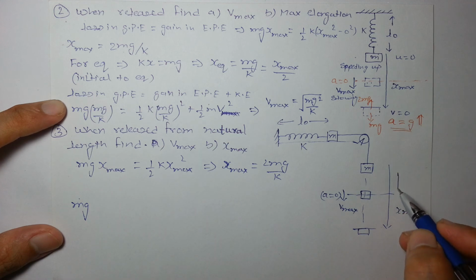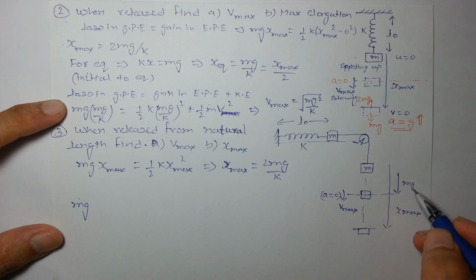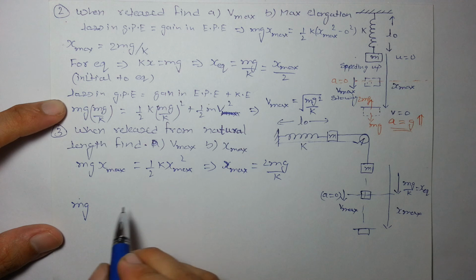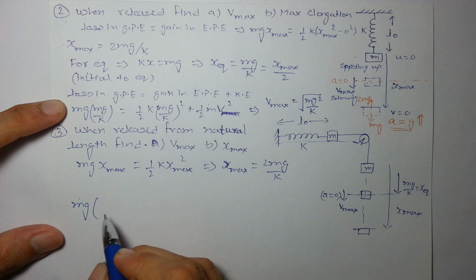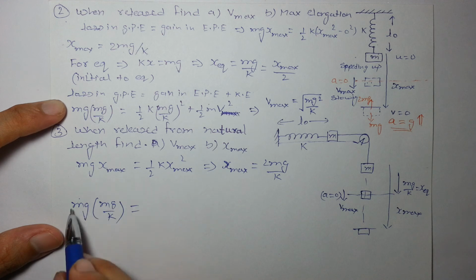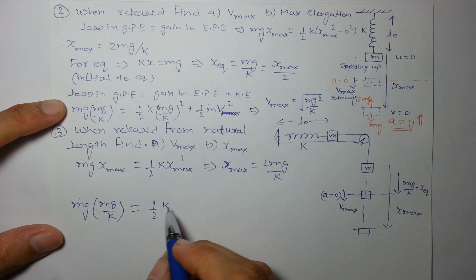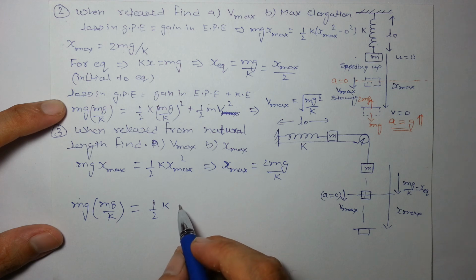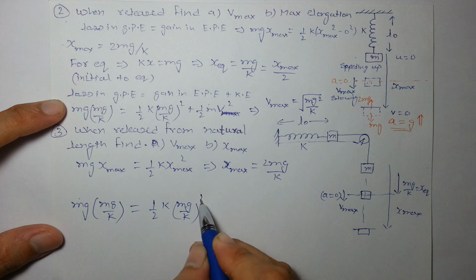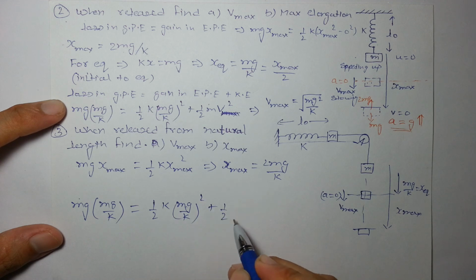X equilibrium is again how much? mg by k is x equilibrium. So mg into this x equilibrium, mg by k, is loss in potential energy. Gain in elastic potential energy is half k x equilibrium square, (mg by k) square, plus half m.